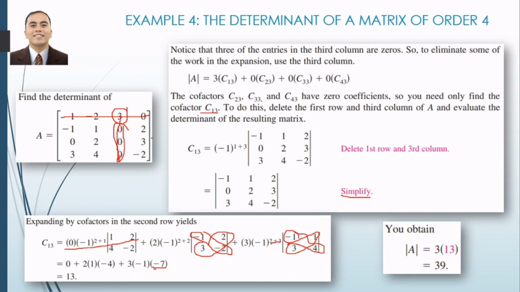So therefore, negative 8 plus 21, that is equal to 13. So therefore, we can obtain the determinant of A, that is equal to 3 times 13, which is equal to 39.